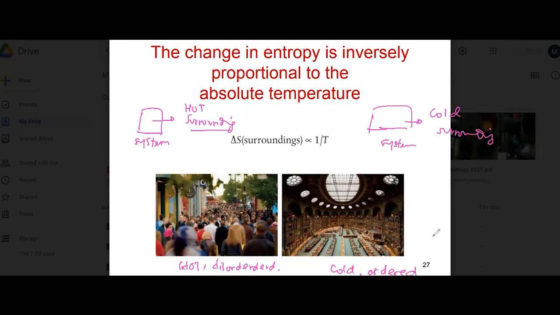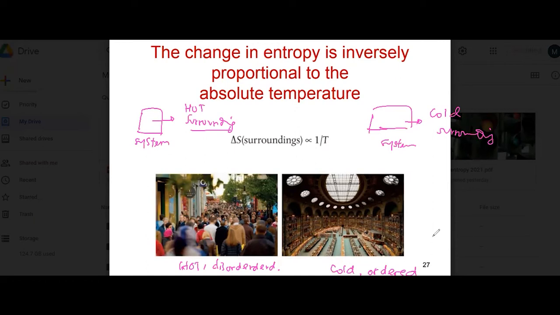Which do you think would cause more disruption? A loud voice, for example, in a busy street or in a quiet library. So you can understand that the change in entropy will be inversely proportional to the absolute temperature.